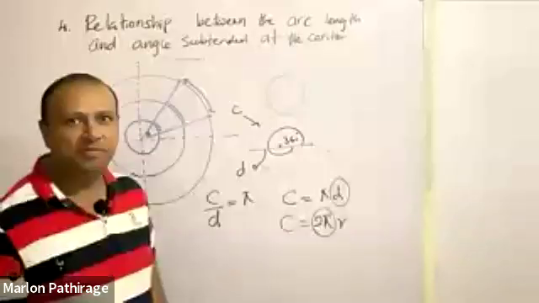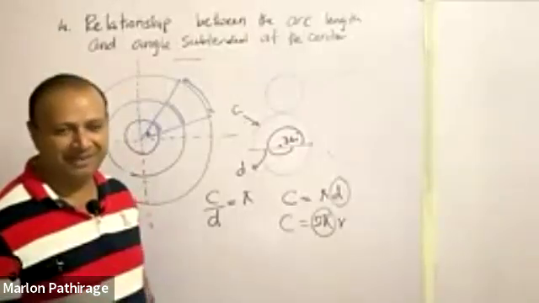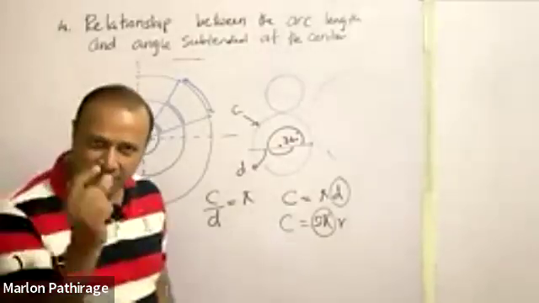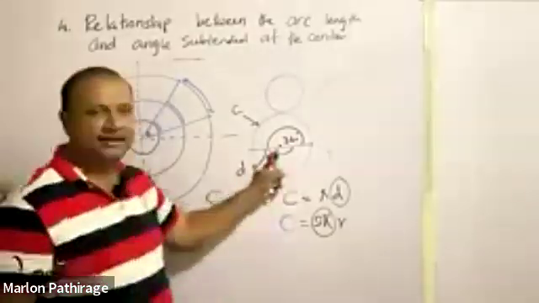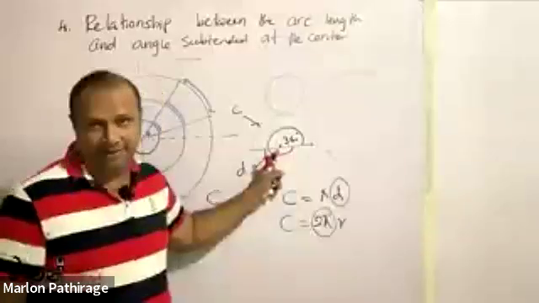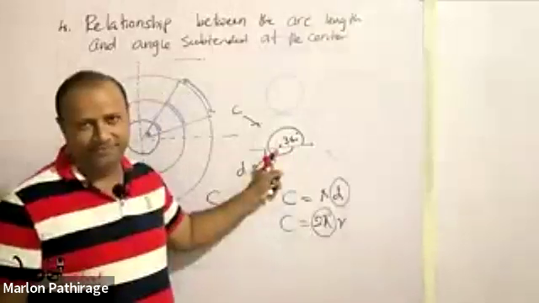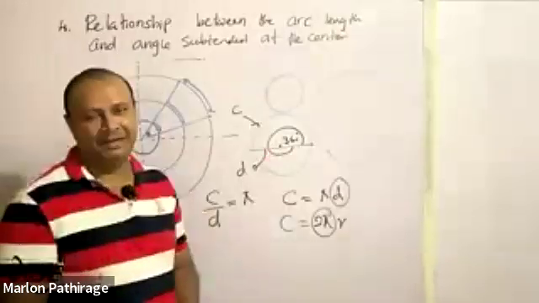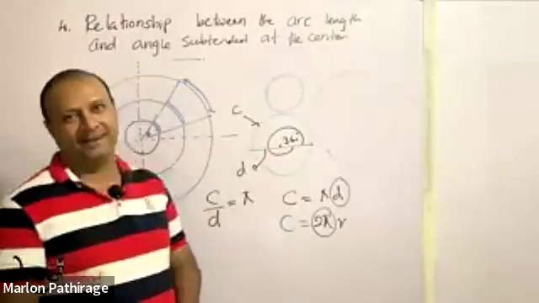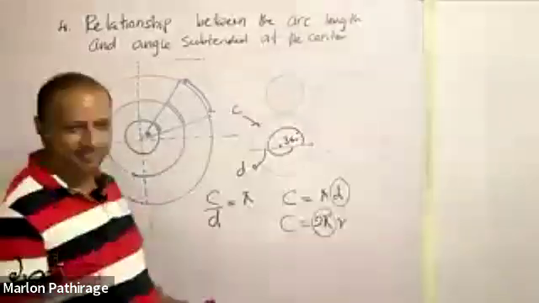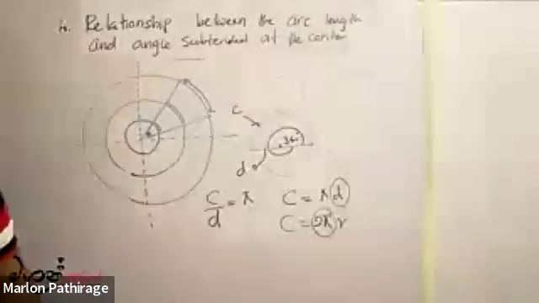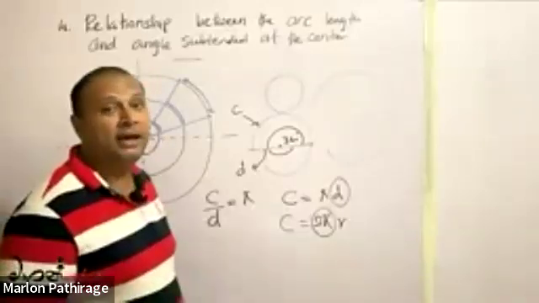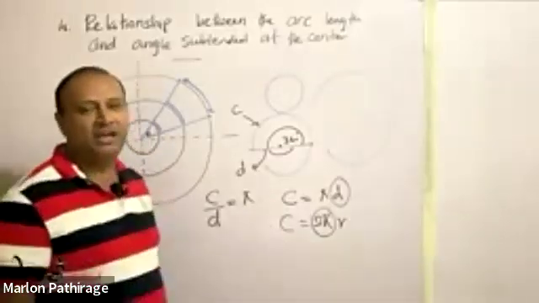Therefore, for any circle, there is one constant, that is the angle subtended at the center. Therefore, that constant should be equal to that angle. Therefore, there's a definition for radian. There's a value application for radian.